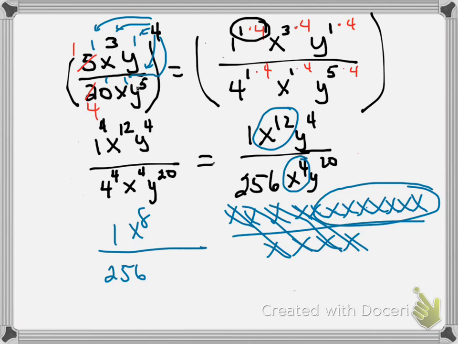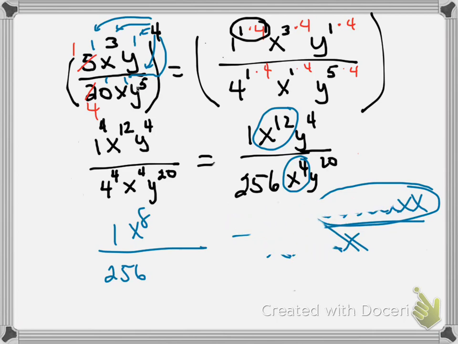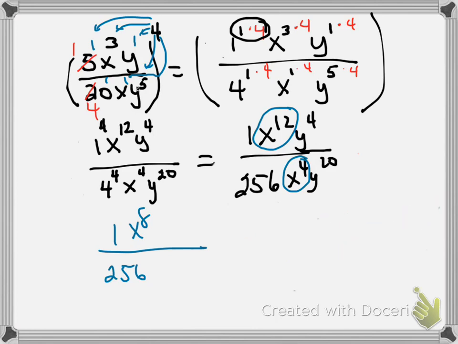Alright, and now if I look at the y's, the principle is the same thing. I have 4 y's on the top bunk, I have 20 on the bottom bunk. So think about it. I have y, y, y, y, and then I have 20 of them on the bottom.